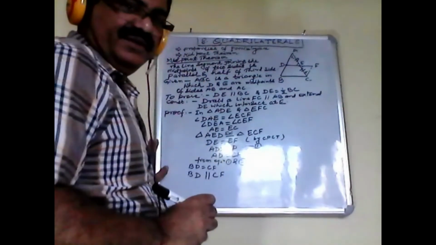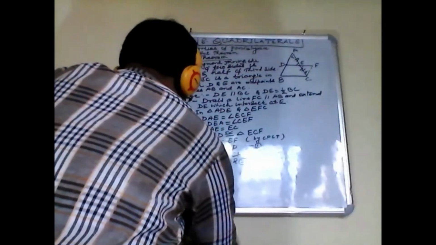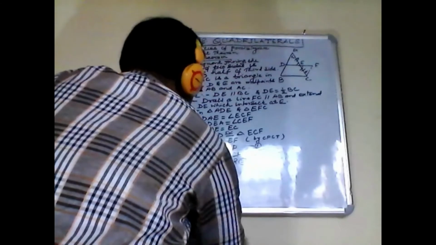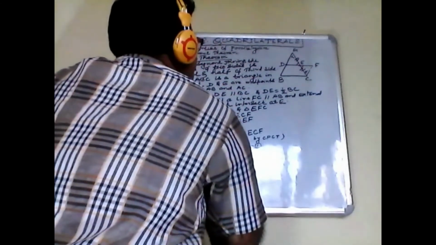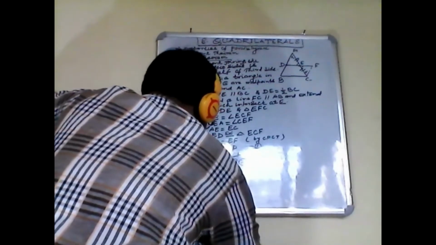By concluding these two facts, we can write that hence DBCF is a parallelogram.